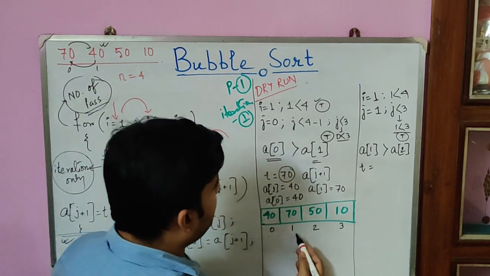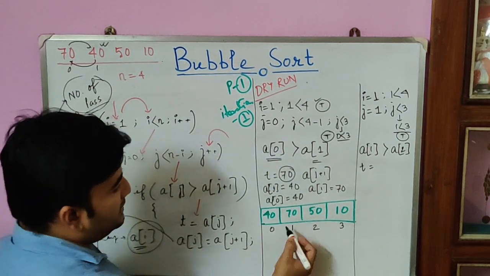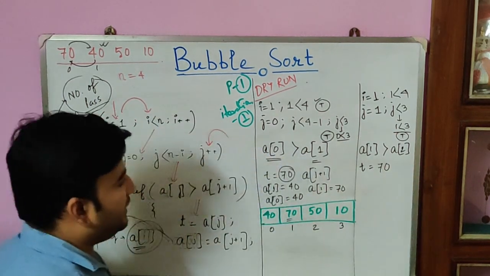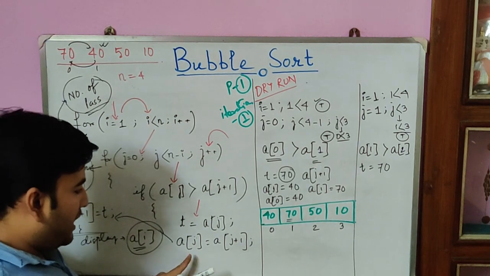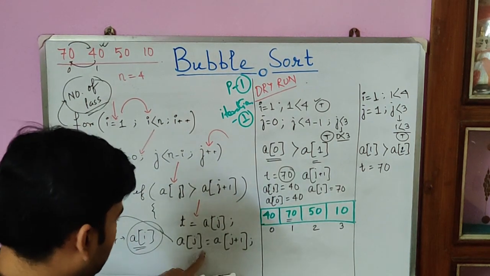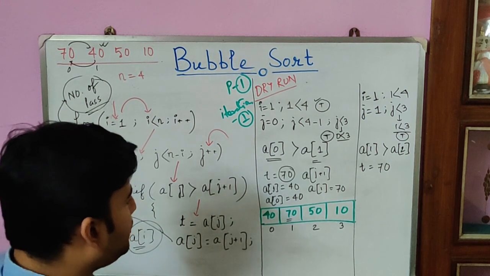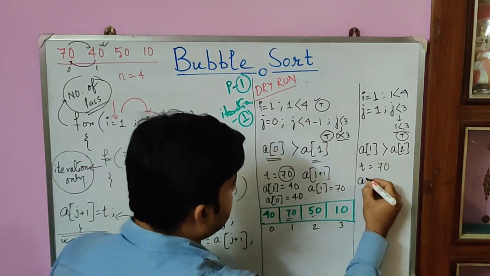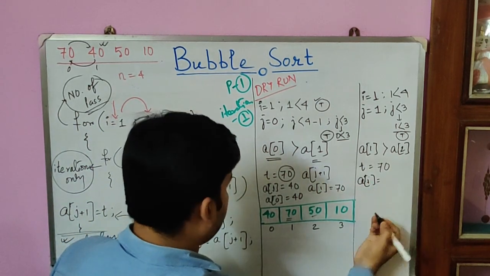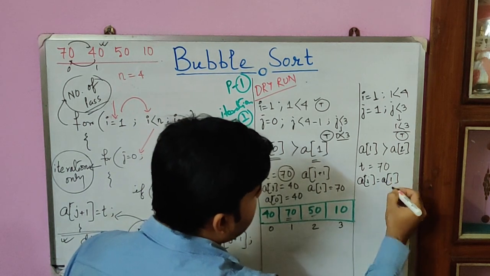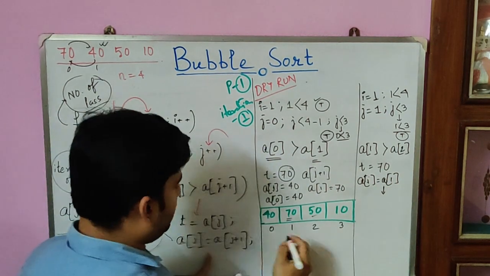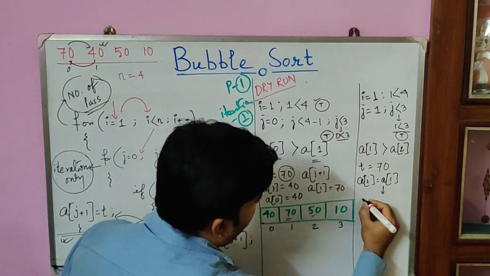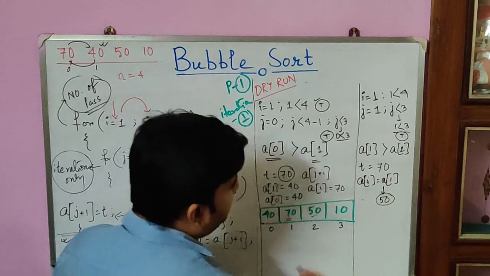The value of t is a of j, which is 70, so it will store 70 here. Now a of j equals a of j plus 1, that means 50. So in a of 1, it will store 50.